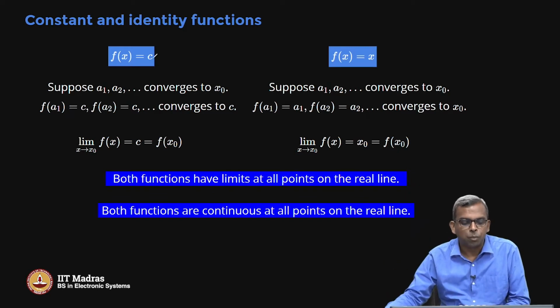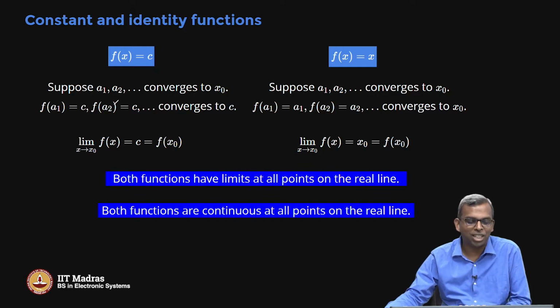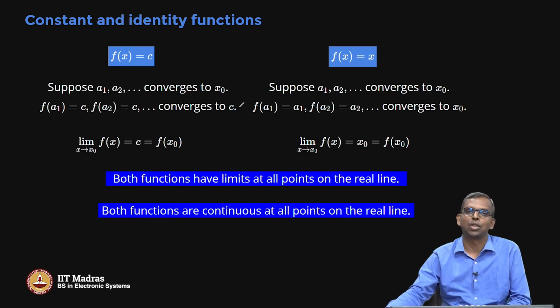The reason is any sequence which converges to any point x naught, if you act upon it with f, if you look at f of a1, f of a2 also, for the constant function nothing happens, right? Even after the function, the sequence you get is c, c, c, c, and that definitely converges to c, right? So there's no problem.